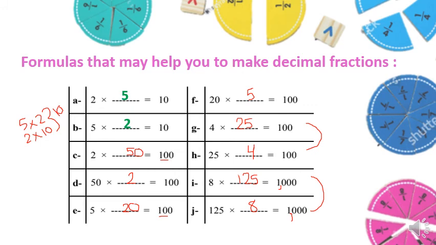And whenever you see 125, you multiply it by 8 to get 1000. And don't forget, whatever you multiply the denominator by, you have to multiply the numerator by the same number to get an equivalent fraction. Now we are changing into decimal fractions. Why? To write it as a decimal number.